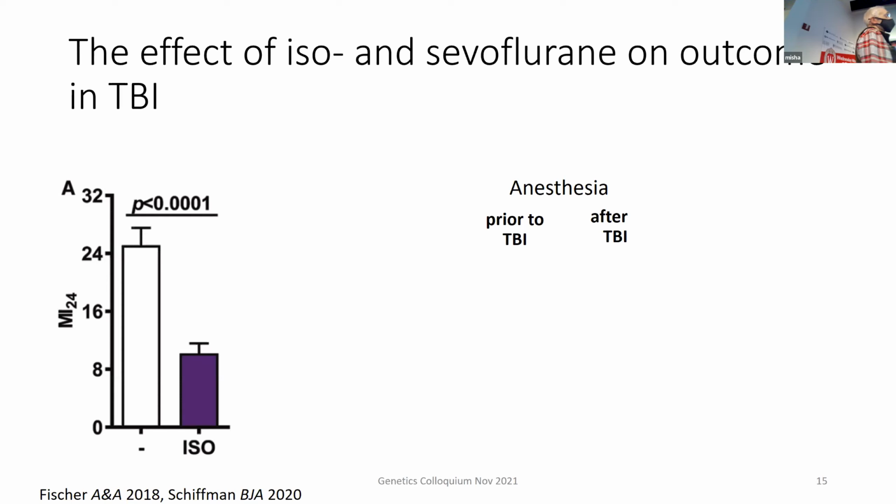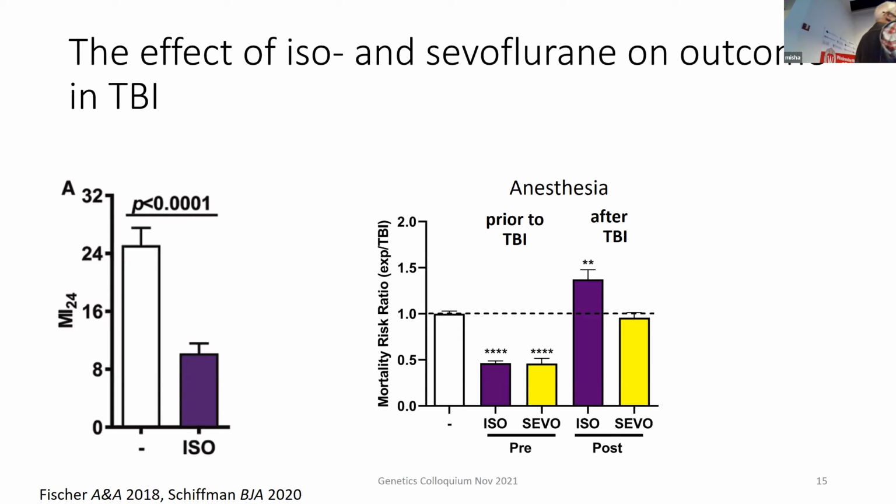And I will show you now this thing worked up a little bit with more data. And you can see that exposure of flies prior to a traumatic brain injury to either isoflurane or sevoflurane reduces the mortality by approximately 50%. Now, the interesting thing is, and the biological context comes into play, that if you do this after TBI, the same drug, the same dose, the same flies, that you have with isoflurane, you increase mortality.